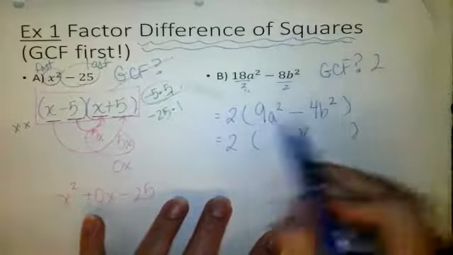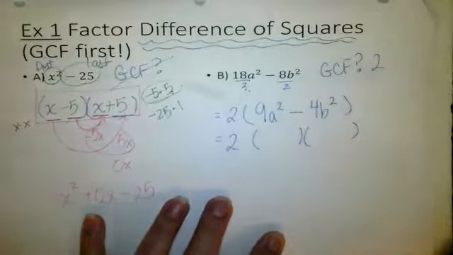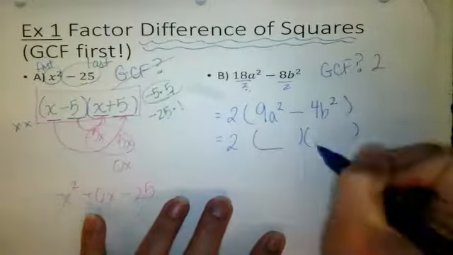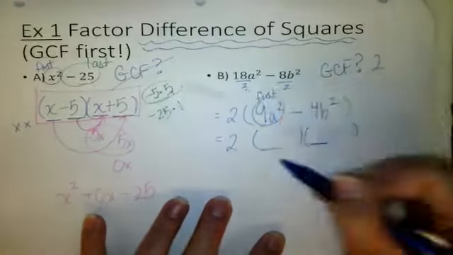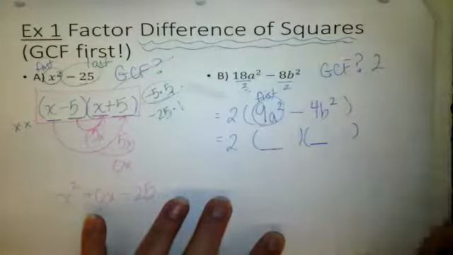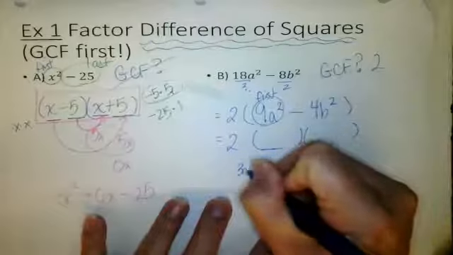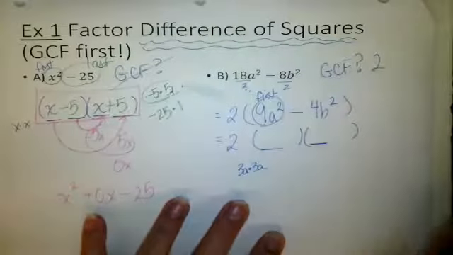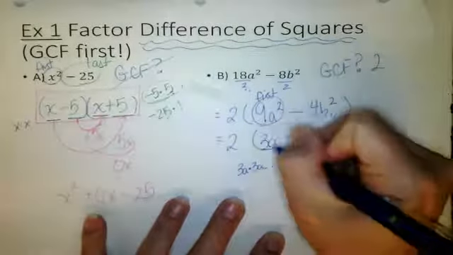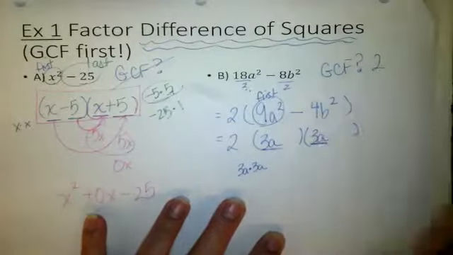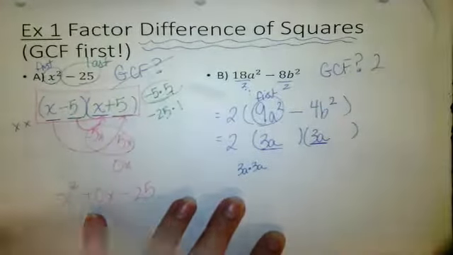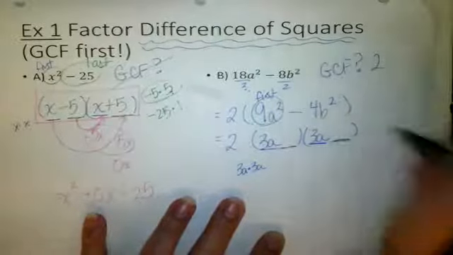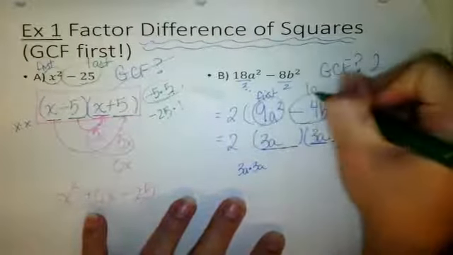So we took out the GCF, and now we try to double bubble the leftovers on the inside there. First times first has to be the first thing. What times what is 9a squared? 3a times 3a. Very good. Is that the only possibility? No, but it's the best possibility. And then last times last has to be the last thing.